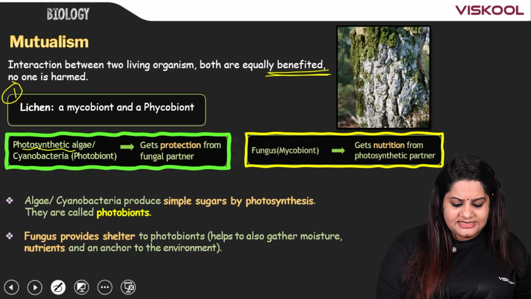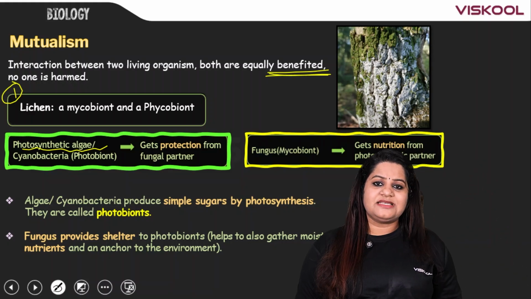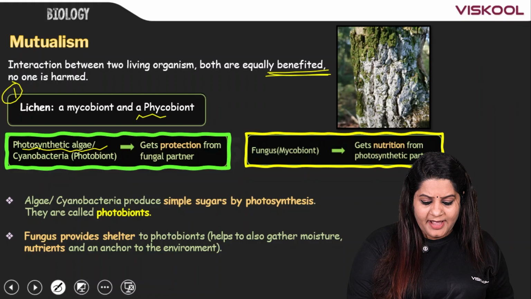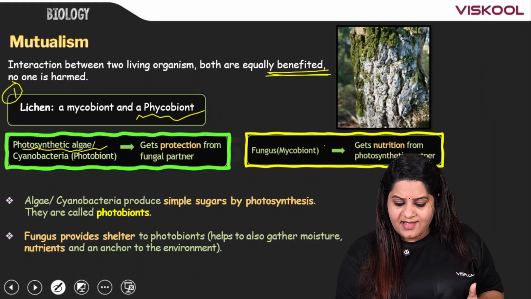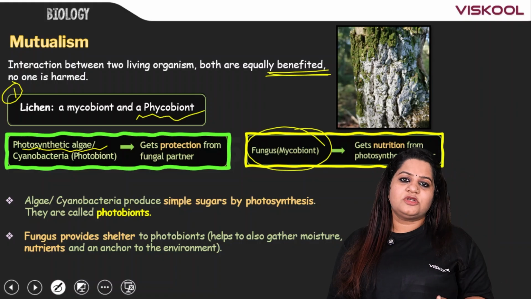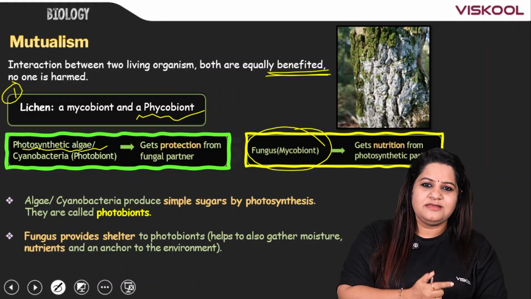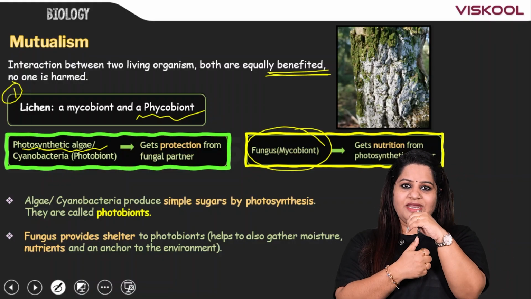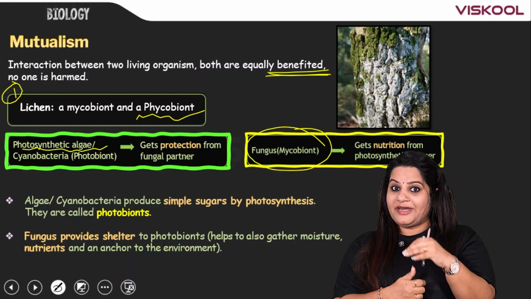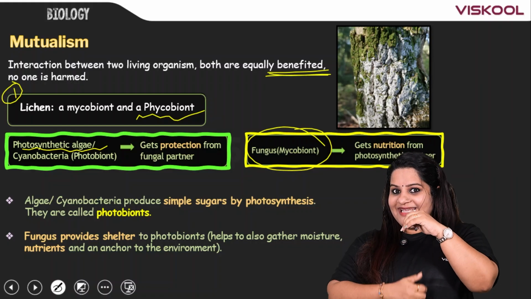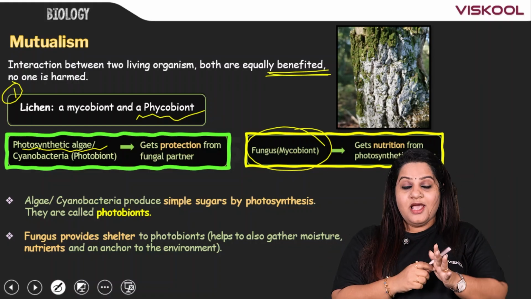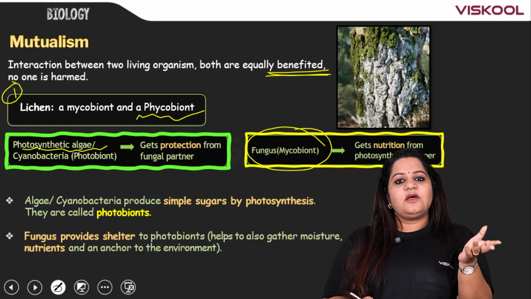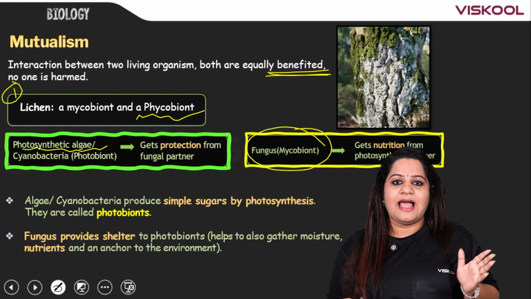The photosynthetic algae is the phycobiont component and the fungus is the mycobiont component. To memorize, it looks like an umbrella-like structure, like a mushroom, or like a mic. So mycobiont, just memorize it like that, and the other one will be algae.